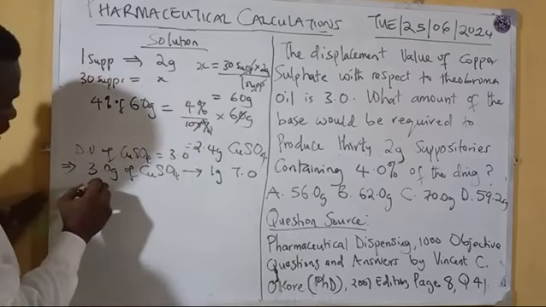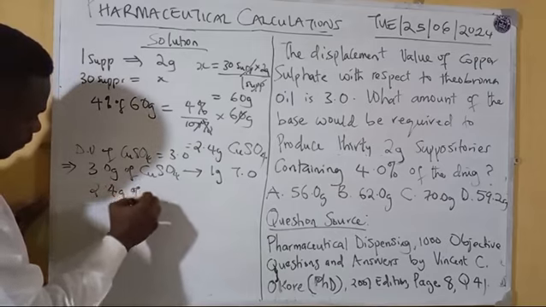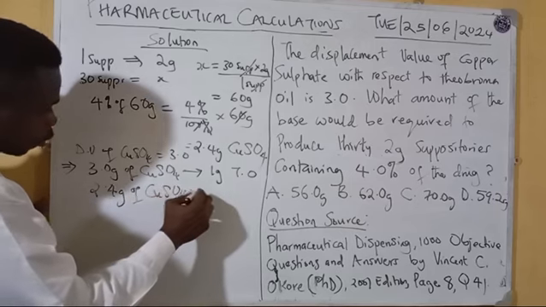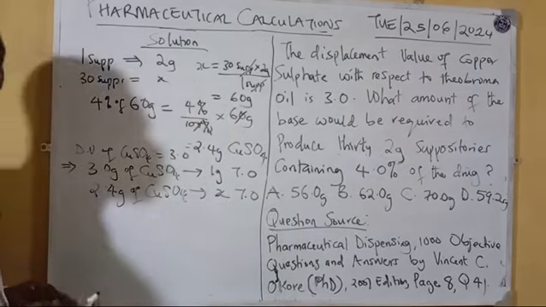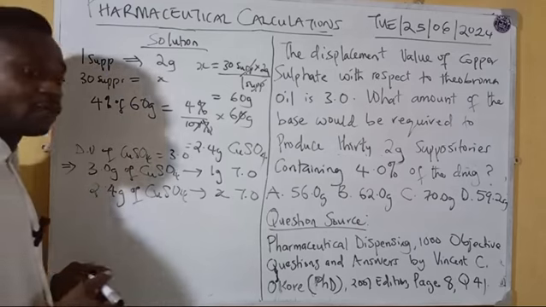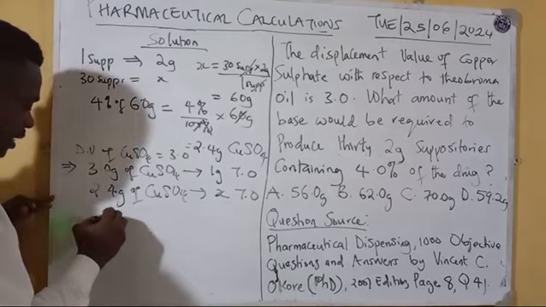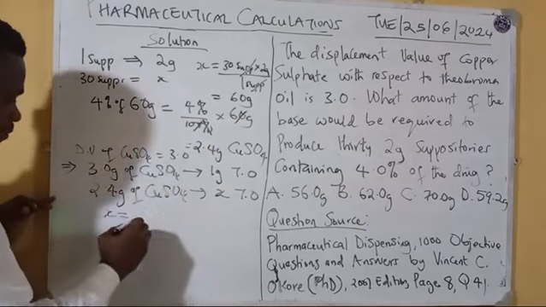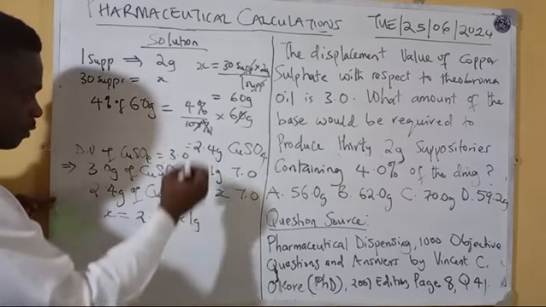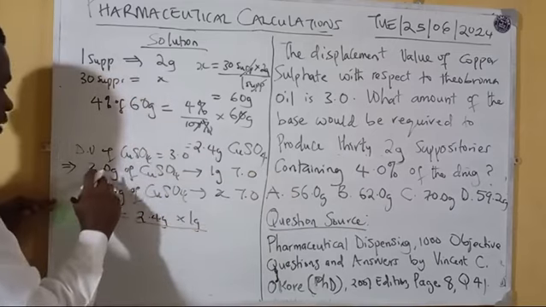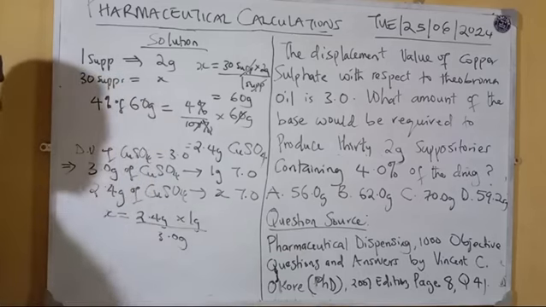If that is the case, 2.4 gram of copper sulfate will displace X amount of theobroma oil. We don't know that amount, so we make X the subject of the formula. X is equal to 2.4 gram of copper sulfate times 1 gram of theobroma oil all over 3.0 gram of copper sulfate.